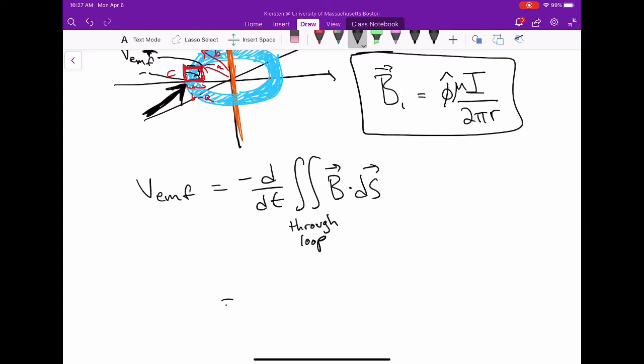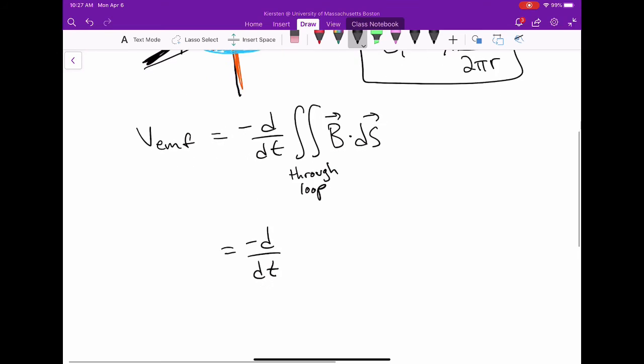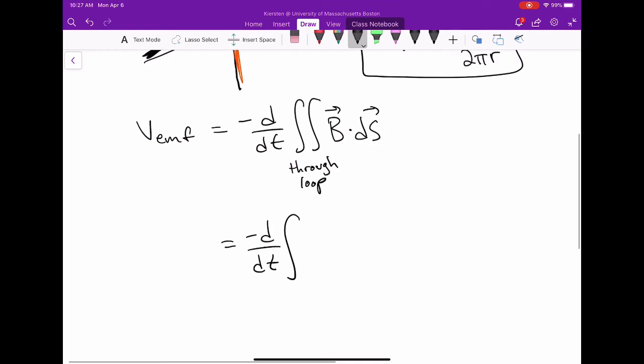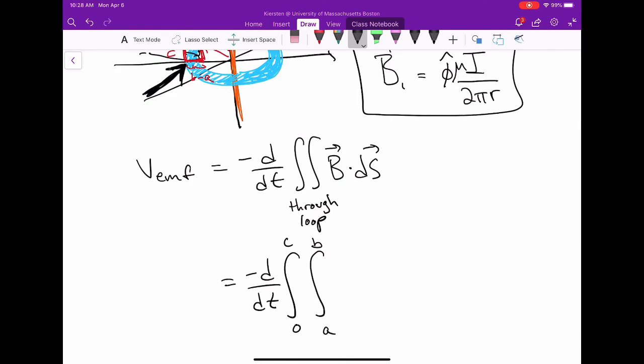To write that out, we have minus the time derivative of the integral from 0 to c along z, and from a to b along r, of mu I over 2 pi r phi hat.